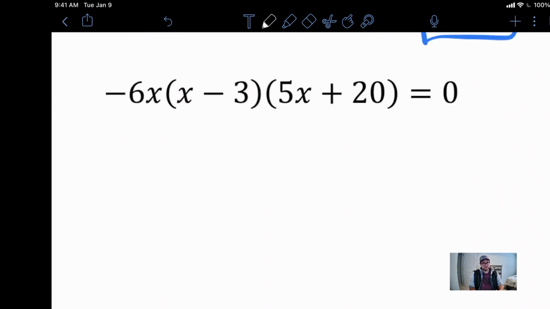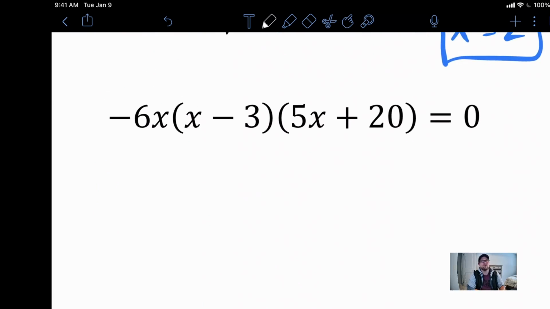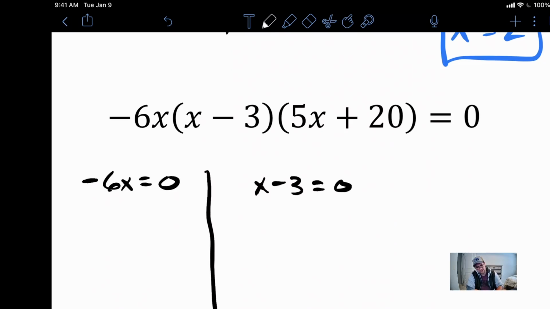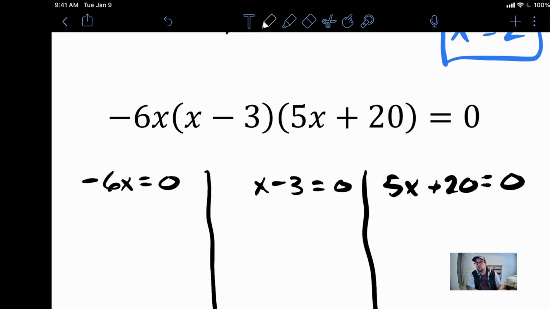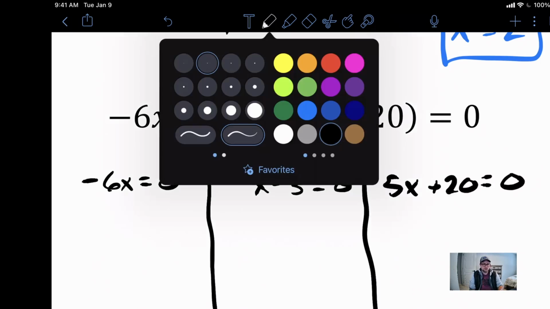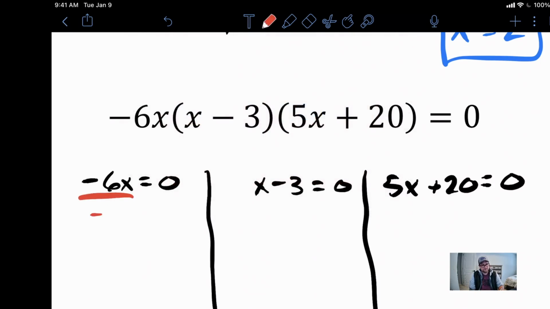Here's our next one. Like I said, we're only doing 4 problems, so there's only one left after this one. So negative 6x equals 0. That's our first one. x minus 3 equals 0. That's our second one. And 5x plus 20 equals 0 will be our third one. So to solve this, we want to first divide by negative 6 on both of these.